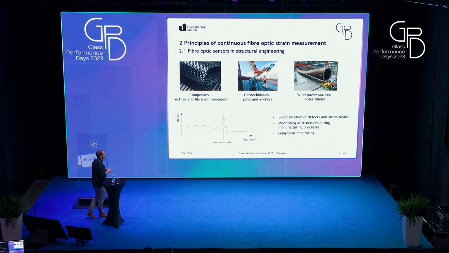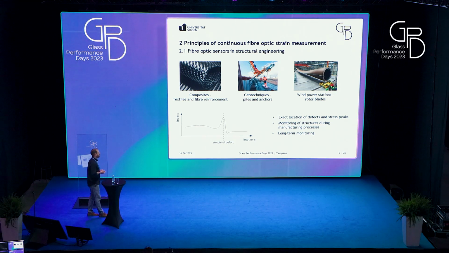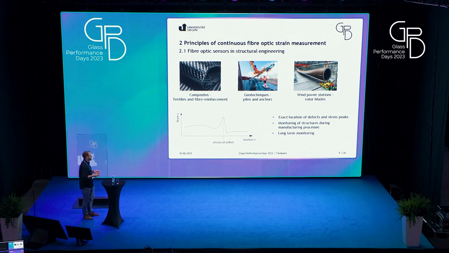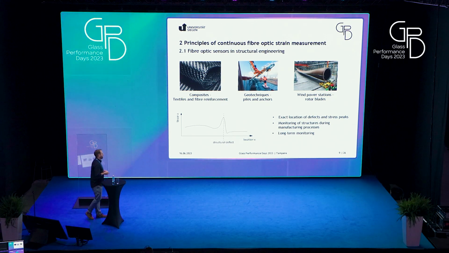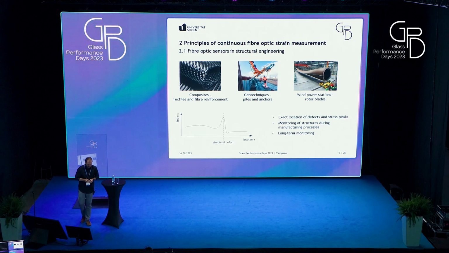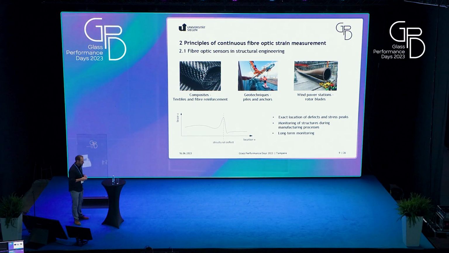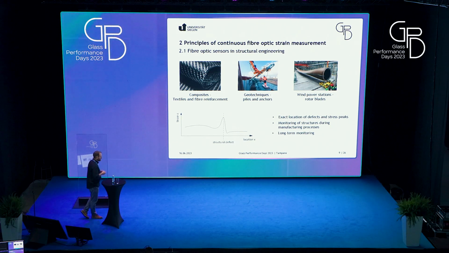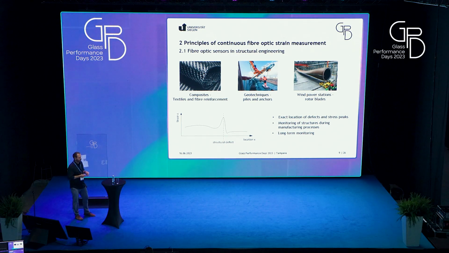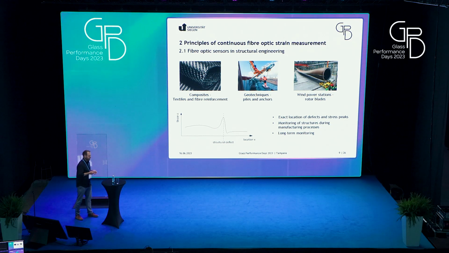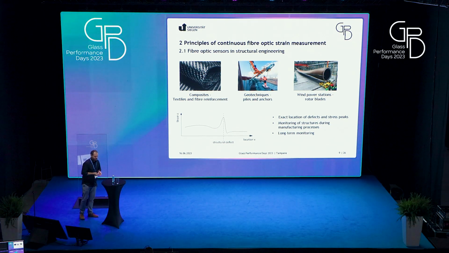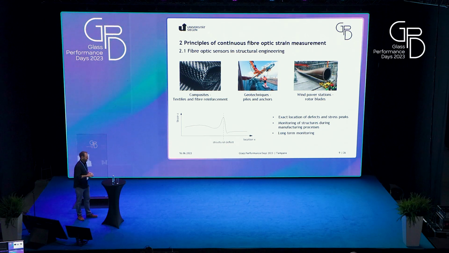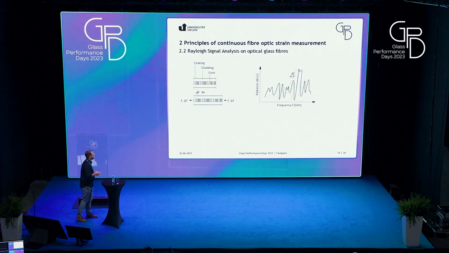So the exact location of defects is possible, and the monitoring of structures during the manufacturing process as well, and long-term monitoring. So this is application in structural engineering, more to monitor structures or to see what happens during any manufacturing process. But my motivation is to use this method to define values of elasticity, like the Young's modulus or shear modulus.